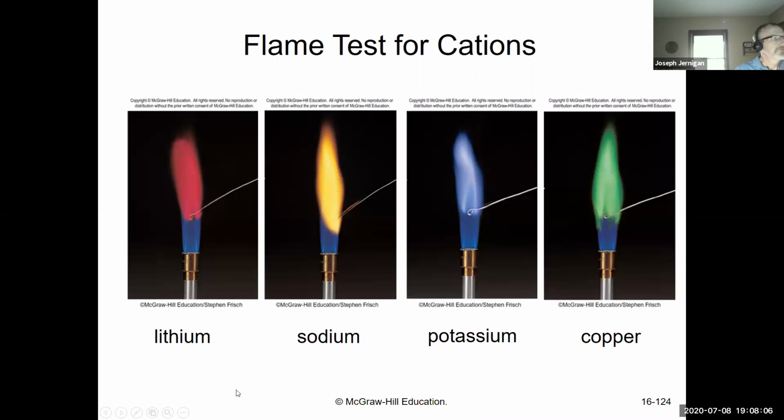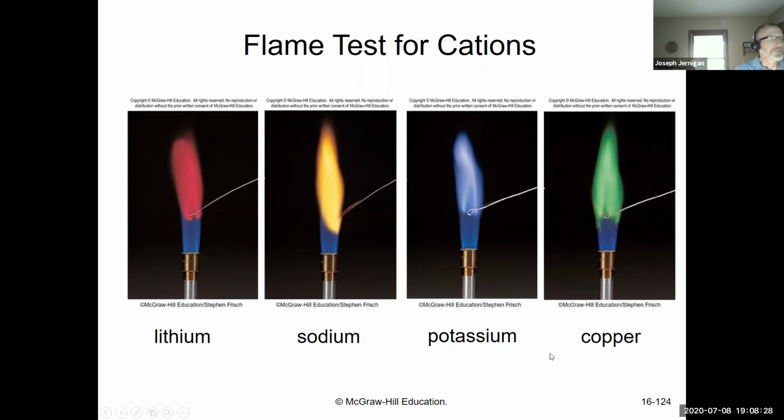Another aside: as we're talking about cations, ions create color when they are heated to high temperature in a flame. Lithium, sodium, potassium, and copper are beautiful examples of the different colors one can get. You may very well have done this in your Chemistry 1 class.